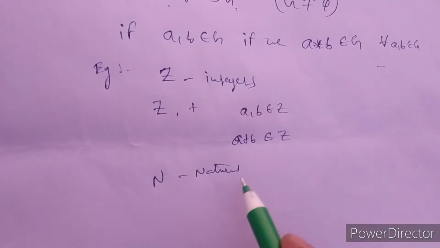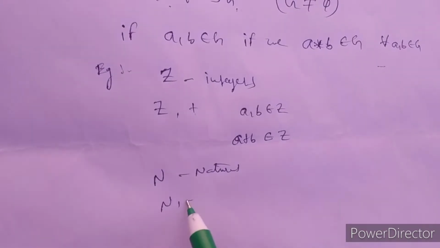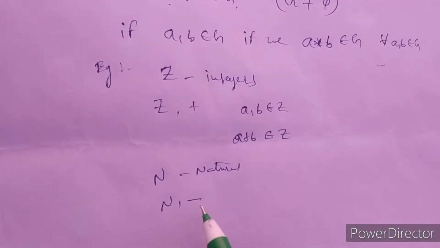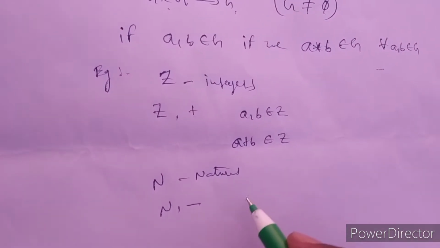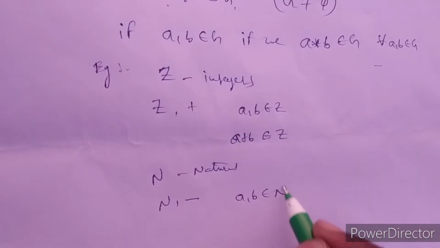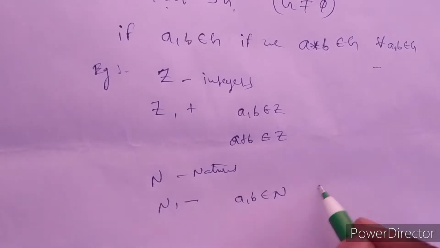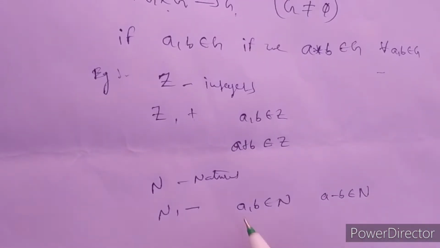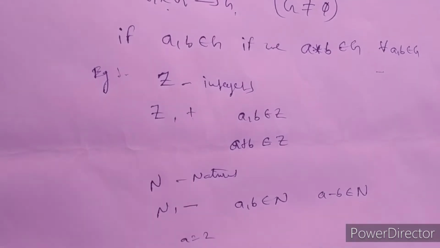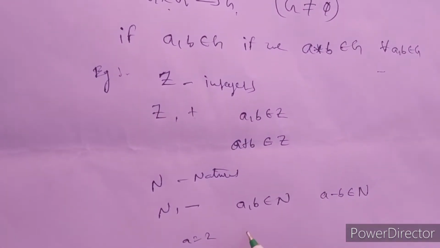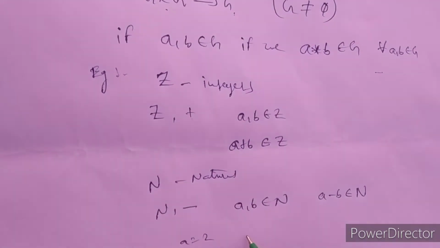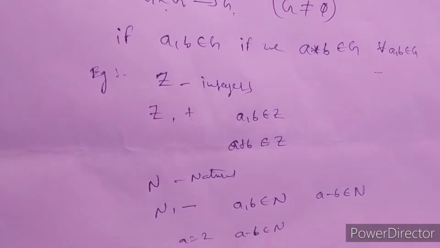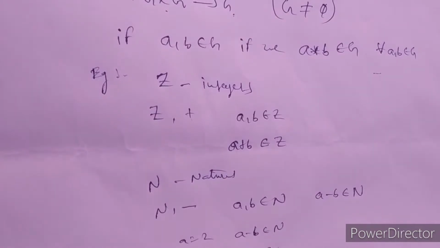Now N is a natural number. If we do N minus, so instead of star we are taking minus. Suppose a, b belongs to N, and a minus b belongs to N, let us check. Suppose a is equal to 2, b is equal to 3. Now 2 minus 3 is minus 1, which belongs to N?